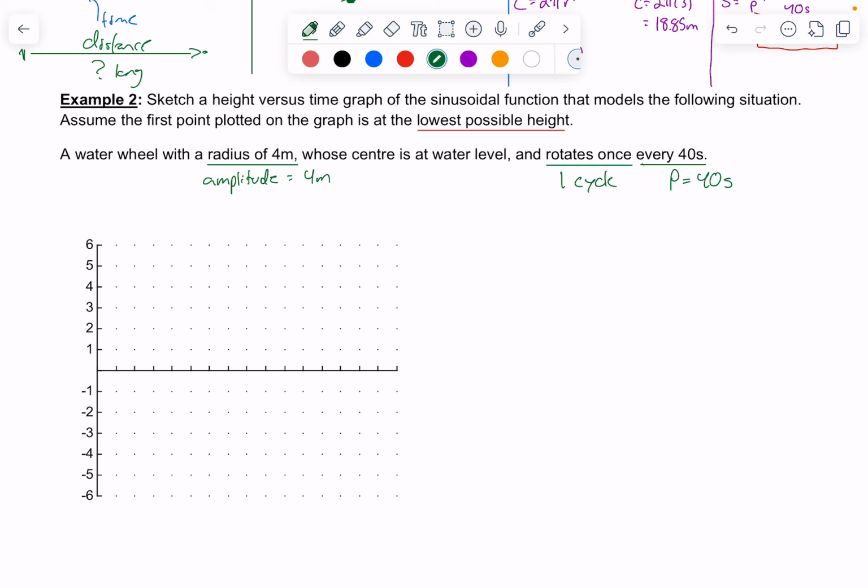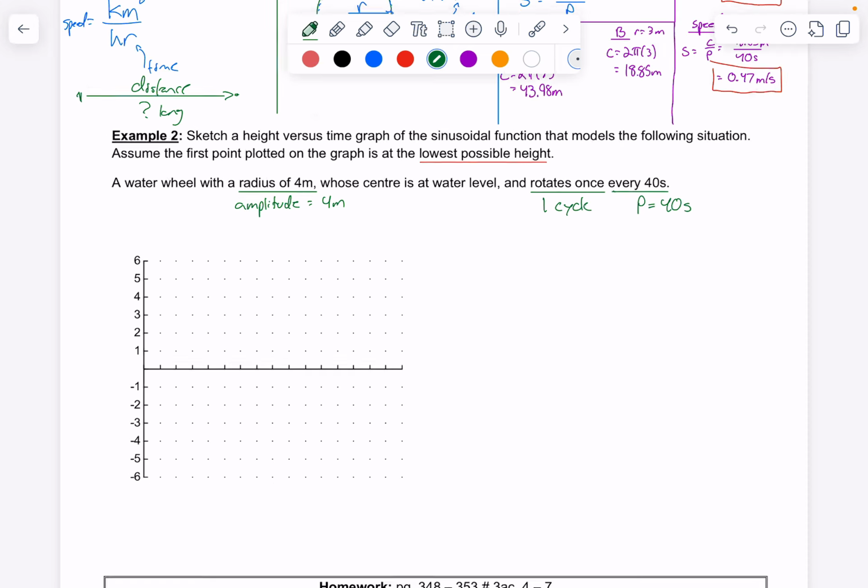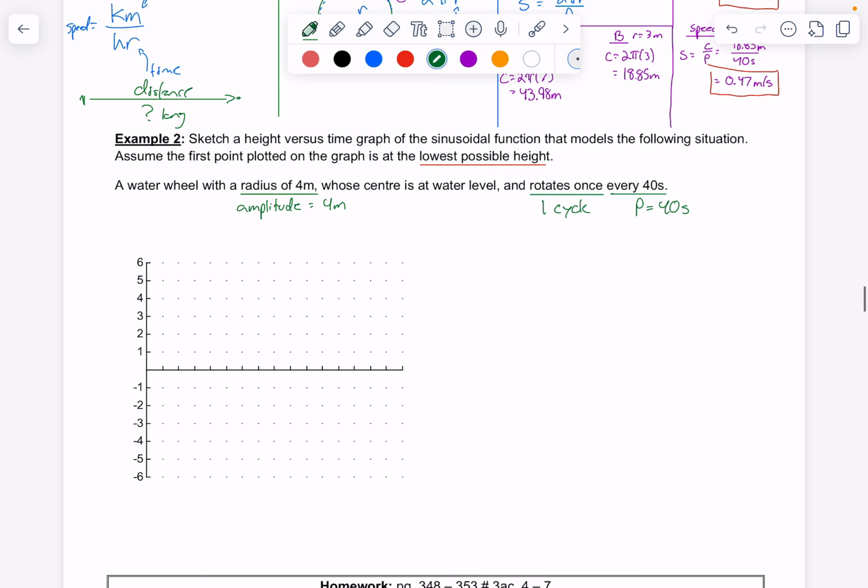So if the graph is a height versus time sketch, assume the first point of the graph is at the lowest possible height. Well, it doesn't really tell us any maximum or minimum here. All we need to know is your distance from your max to your min.